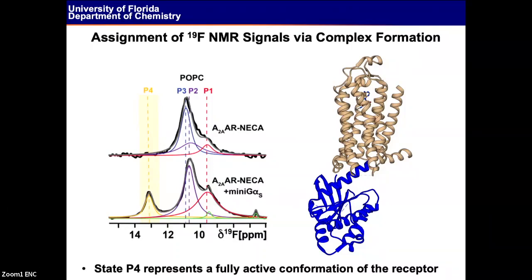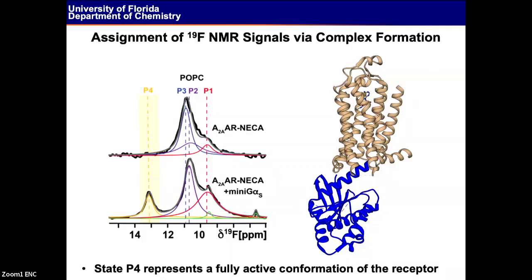So my question is that in the top spectra, it doesn't look like you have any creation of P4 in that system, but you do make it in the bottom one. If you don't add the agonist, but you add the G protein, do you still see the P4 conformation? So one, the basal activity of this protein is very low.